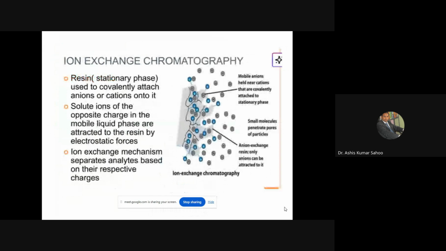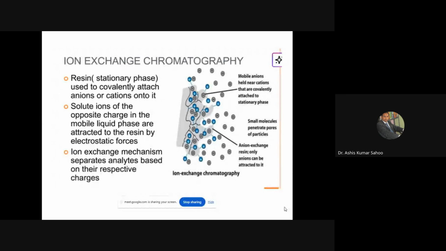So ion exchange chromatography. We will see a separate section for this chromatography; first of all, we'll see the different chromatography types in short. A resin is used as the stationary phase, with covalently attached anions or cations.